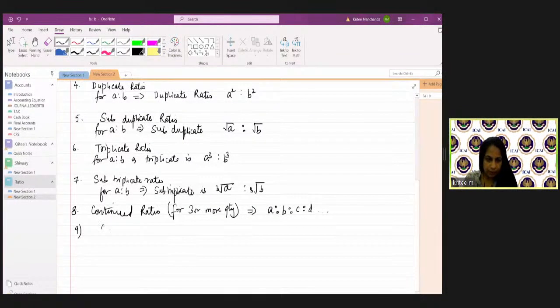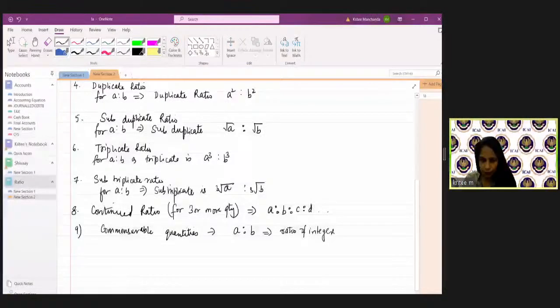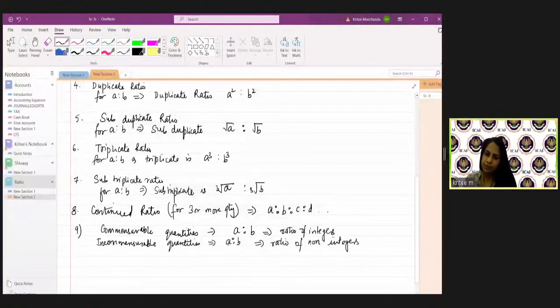And the last thing that we studied was commensurable quantities, those quantities whose ratio can be expressed as ratio of integers, and incommensurable quantities are the ones whose ratio is not a ratio of integers.